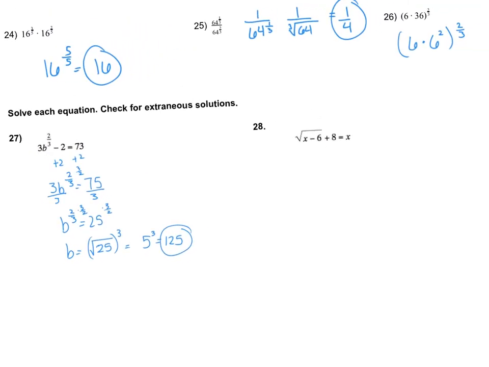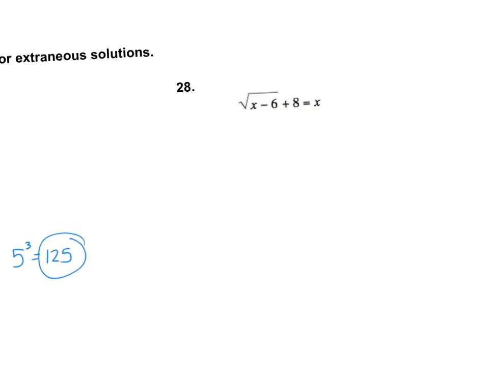That works. So we're going to minus 8. Square root of x minus 6 equals x minus 8. Square both sides. X minus 6 equals x squared minus 16x plus 64.